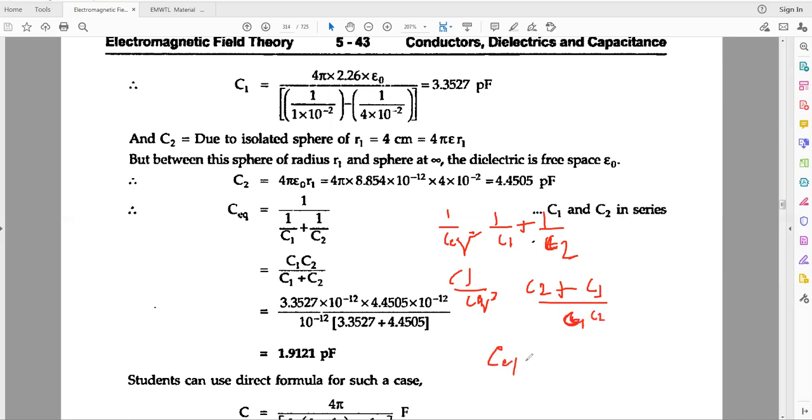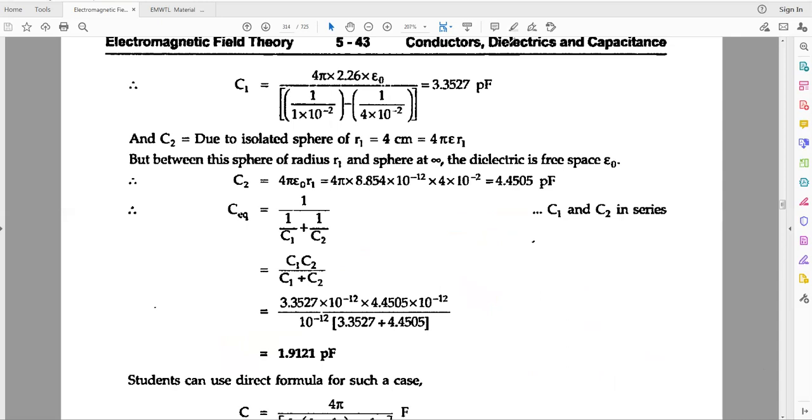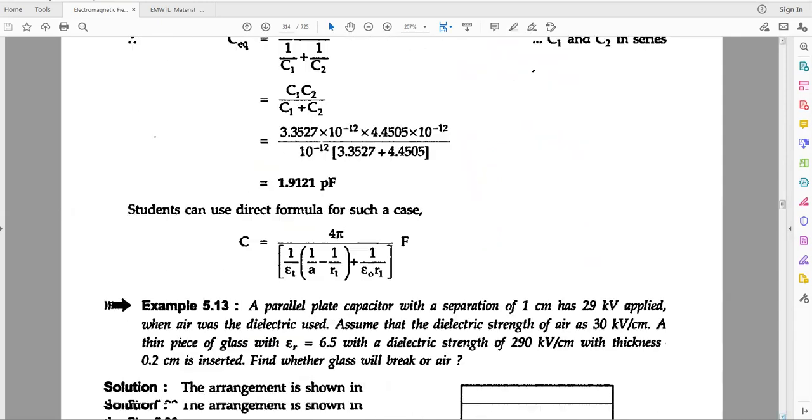So C equivalent is equal to C1 C2 by C1 plus C2. Okay, this is the equation we got. So C1 and C2 we got as 3.3335 and 4.45, substitute here. Totally you'll get the C equivalent is equal to 1.9121 picofarads. That is the capacitance we got.